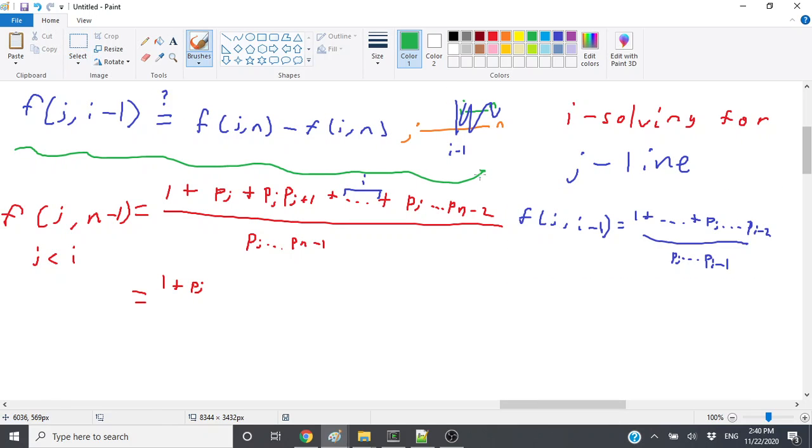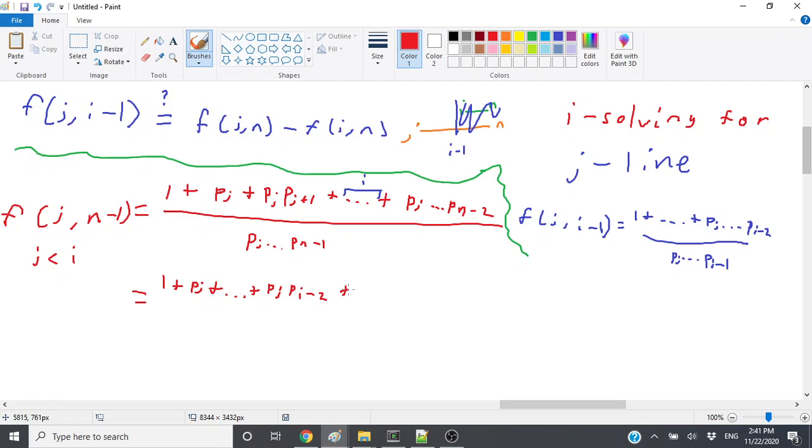Sort of like this thing above the green blob is the ideal, the thing we're trying to make happen. So this is 1 plus pj plus ... to some arbitrary value pi minus 2, where it could be just any random i.